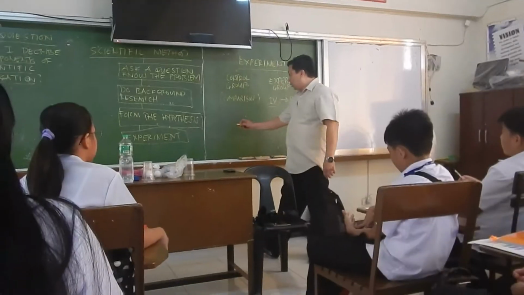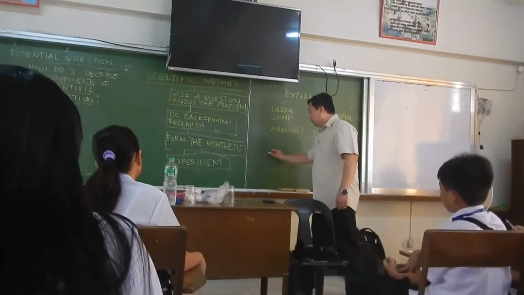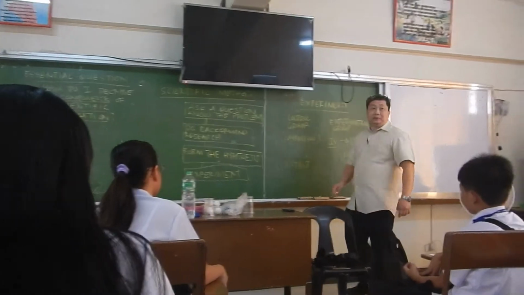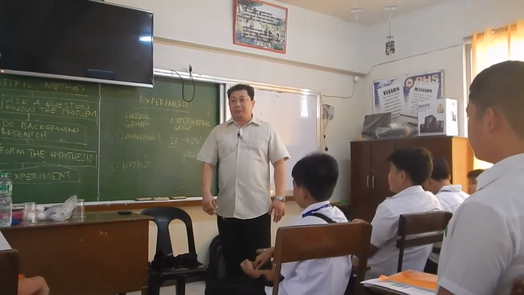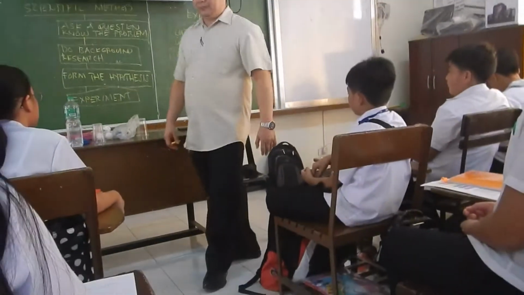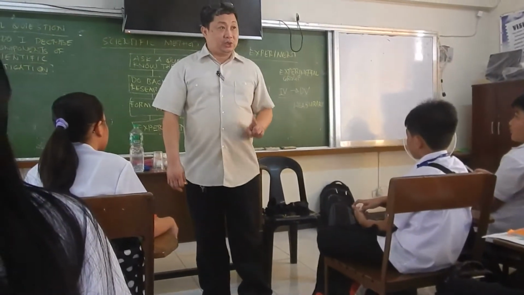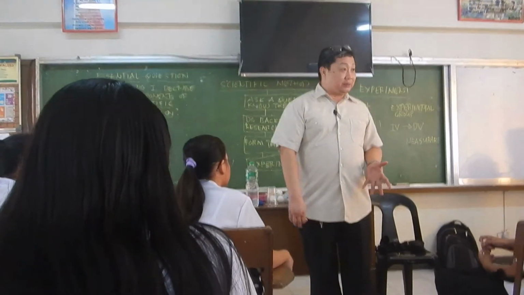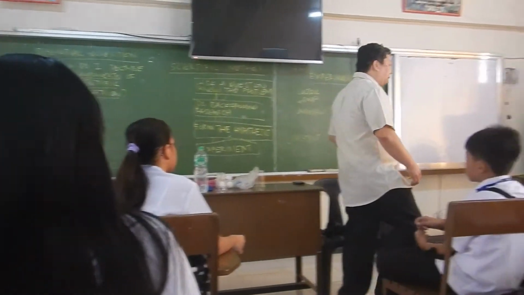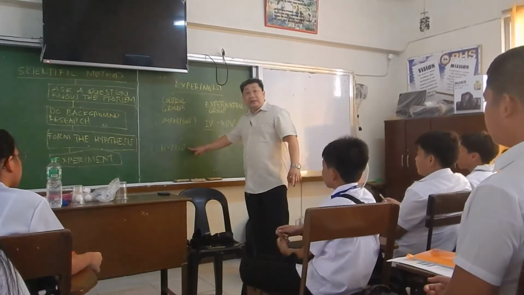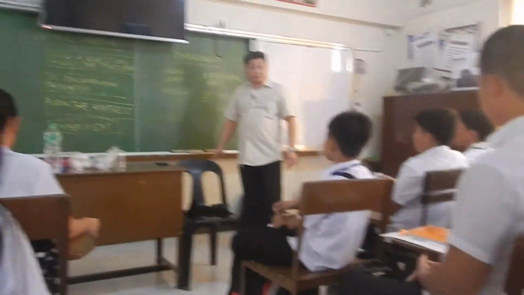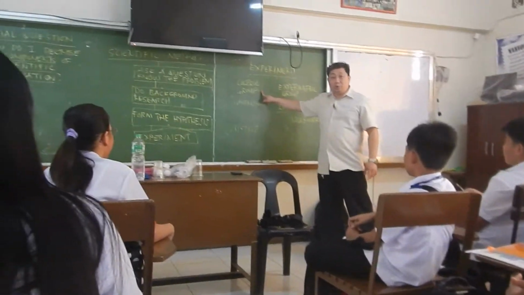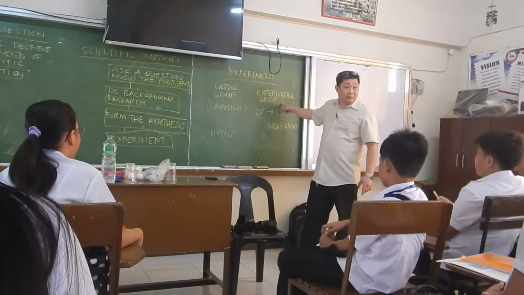Aside from this, we have what we call the constant, or constant variable by others. Since you are only allowed to change one, the rest should not be changed, and we call them the constant. The constant are the things that remain the same throughout the experiment, in both setups or in both groups.